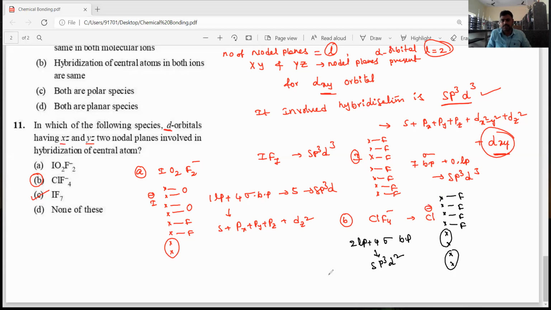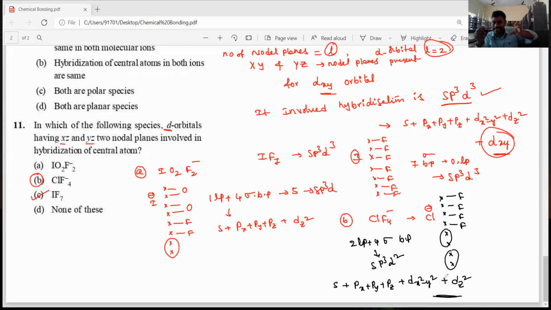Six means sp3d2 hybridization. In sp3d2 hybridization, the involved atomic orbitals are s plus px plus py plus pz plus dx square y square and dz square. These are the d atomic orbitals.